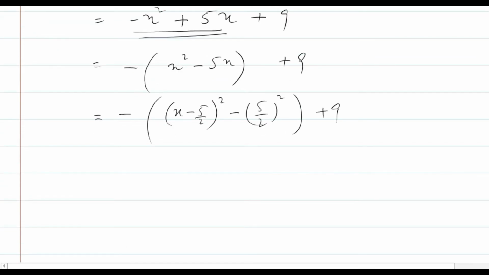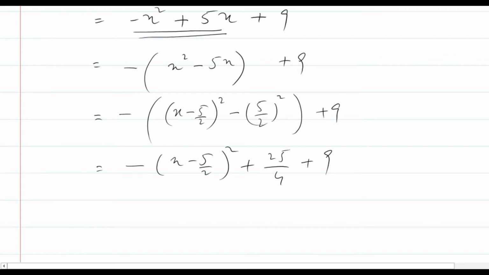On simplification, you will get minus x minus 5 over 2 whole square plus 25 over 4 plus 9.